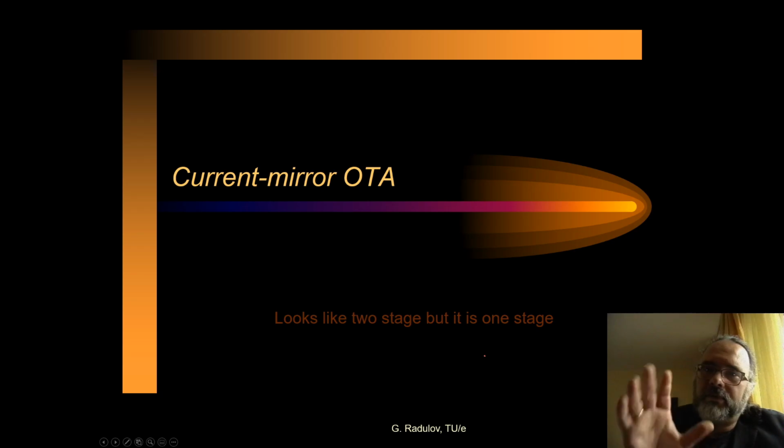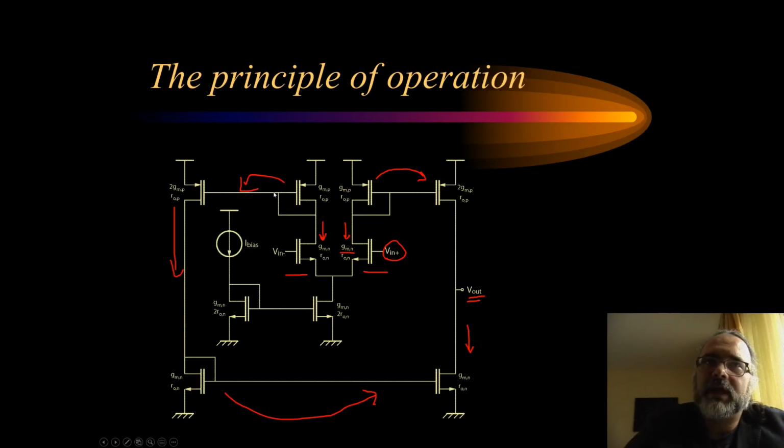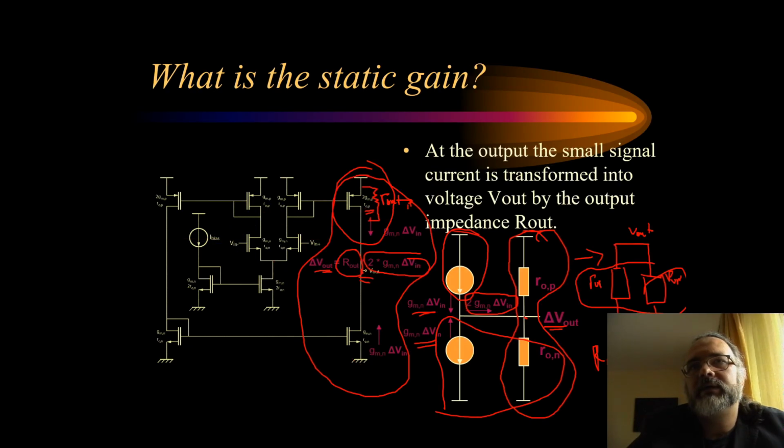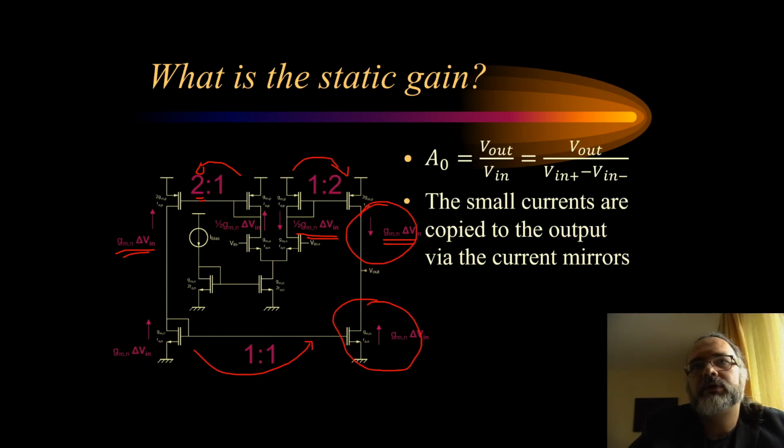The most important thing that we saw is that it looks like a two-stage OTA, but actually it behaves like a single stage. And the reason for this is that we have only one dominant pole, which is the pole associated with the output voltage.